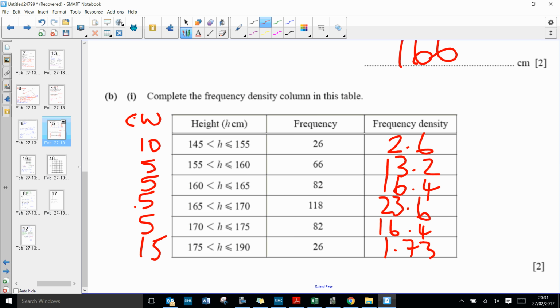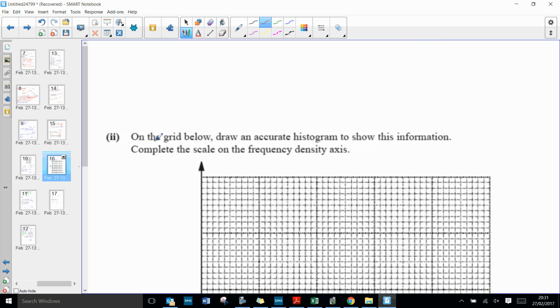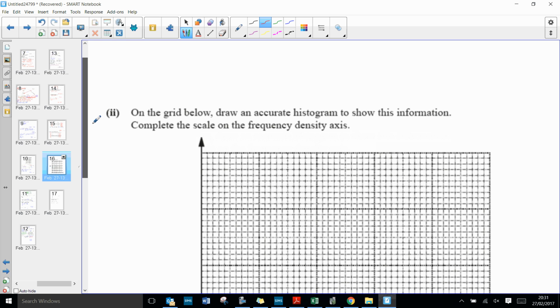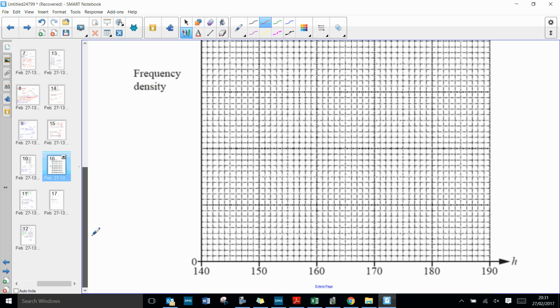Okay, so that's our values there. And then we need to draw a frequency density histogram, and we need to fill in the axes for that.